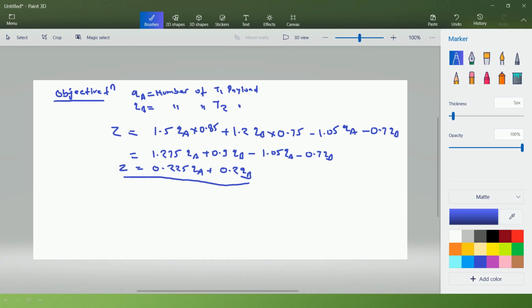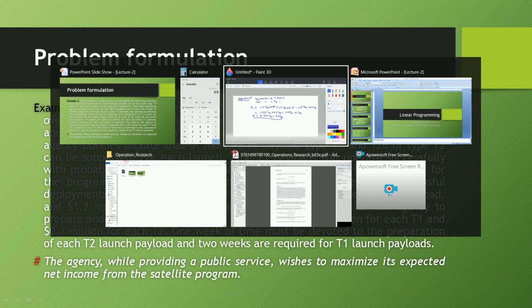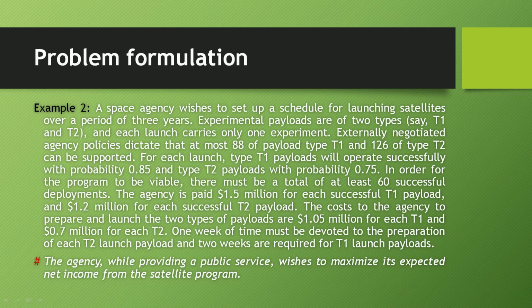Now let us develop the constraint equations. We will focus step by step. Okay.